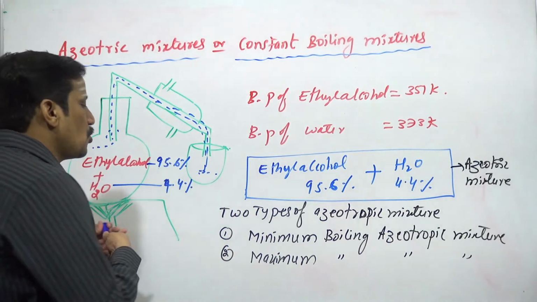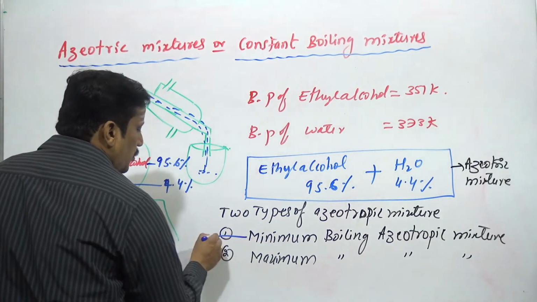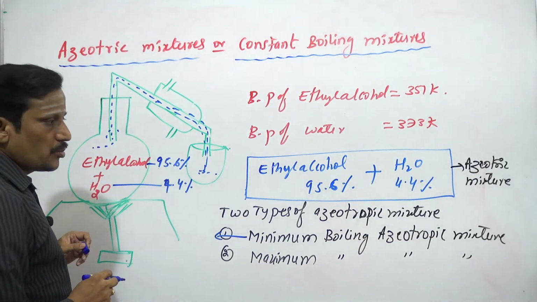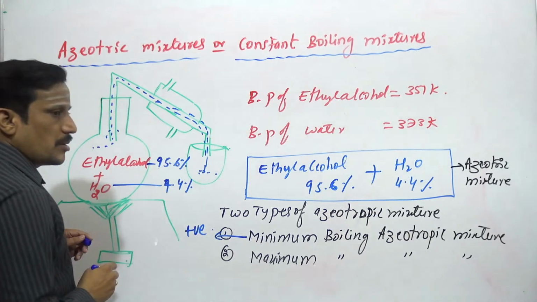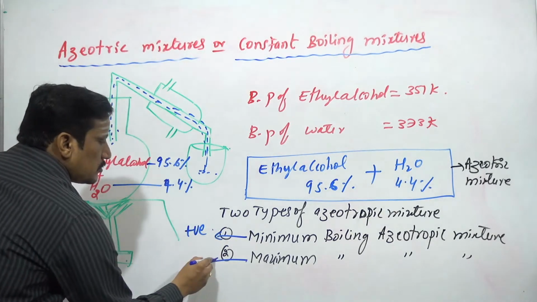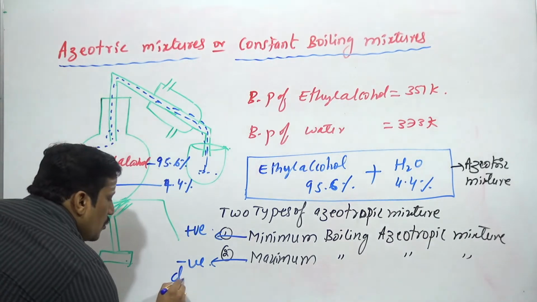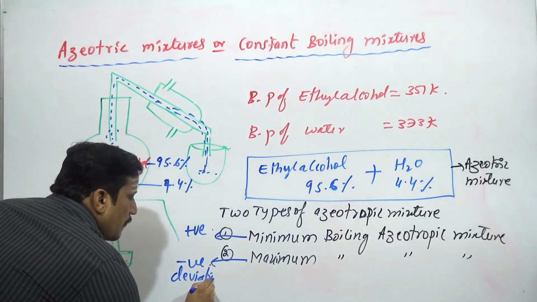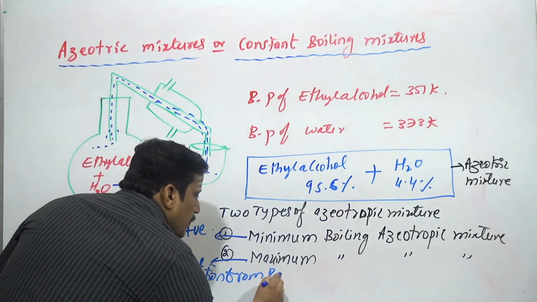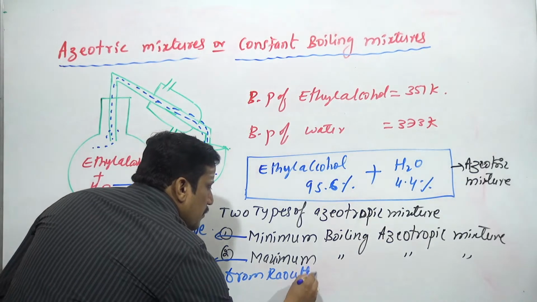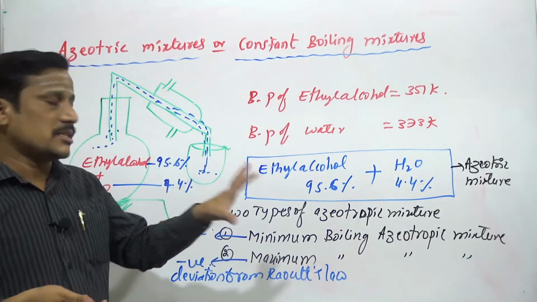Minimum boiling azeotropic mixtures are those that show large positive deviation from Raoult's law. Those solutions which show positive deviation from Raoult's law are examples of minimum boiling azeotropic mixtures. Opposite to this, those solutions which show negative deviation from Raoult's law are maximum boiling azeotropic mixtures. This is the simple meaning.